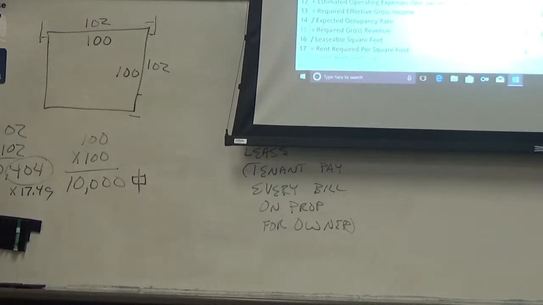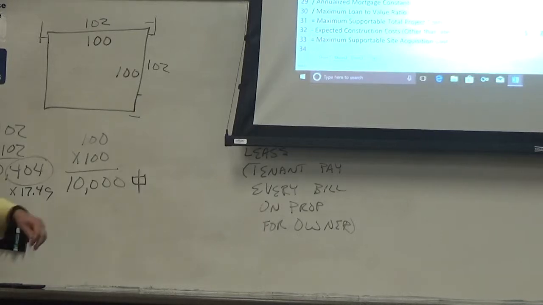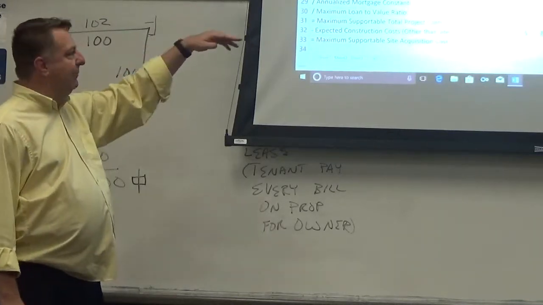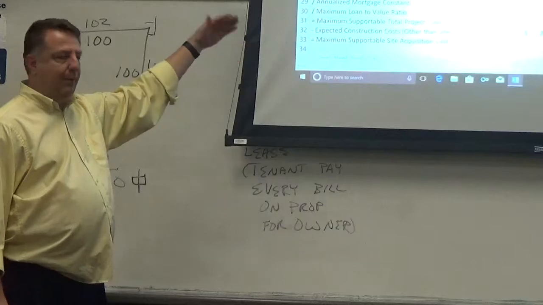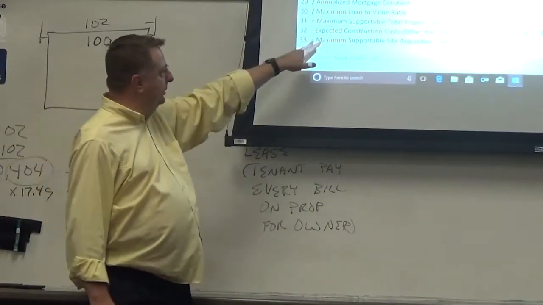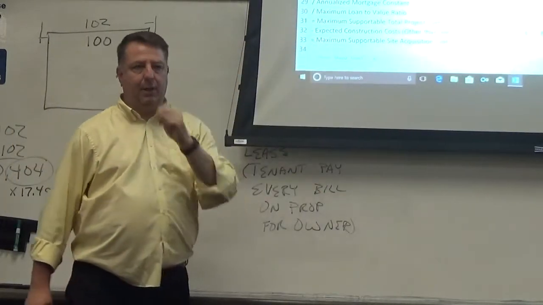All right, so let's move forward with the flip side of the model, the backdoor approach. Here, I want you to do the same thing you did on the top half of the model. See if you can do all the calculations yourself to get down to the maximum supportable site acquisition cost.